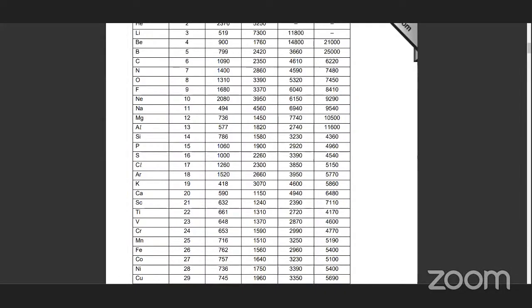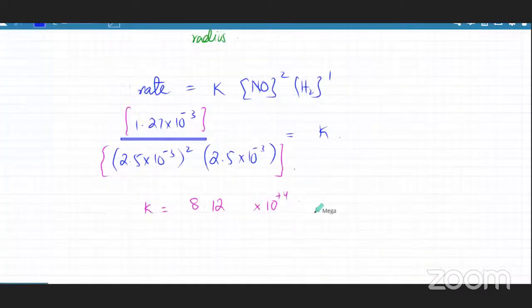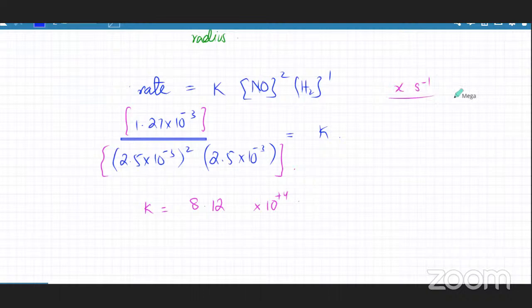I said then the units. Units will be like this: remember, what is the unit of rate? It's mole per dm cube per second. So take mole per dm cube as x, per second, and divide by NO concentration squared, that's x squared, into H2 concentration. That will divide out to be x.